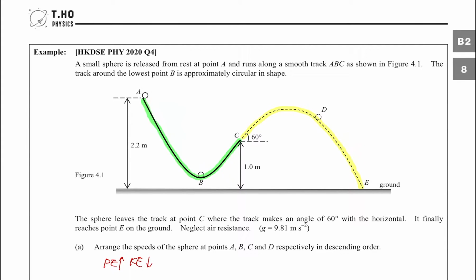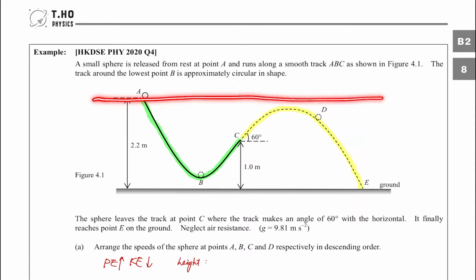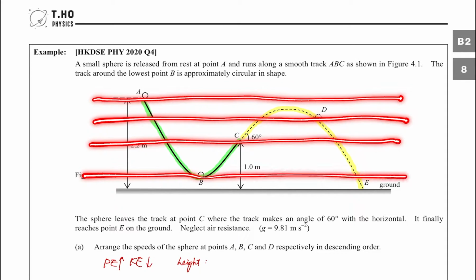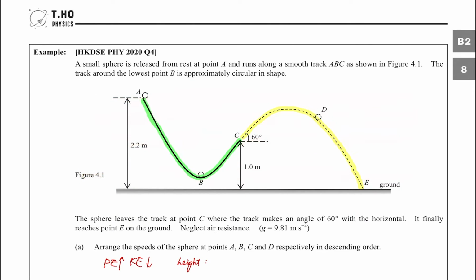So arrange the heights of the points A, B, C, D. We can see that A is the highest, then D, then C, then B. So the order is A, D, C, B. A is larger than D, larger than C, larger than B.